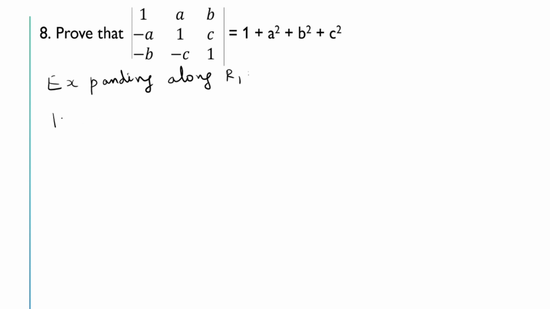So, the left hand side, let us take it as delta, is equal to 1 into 1 minus c into minus c, minus a into, we have to delete the first row and the second column and take the remaining elements.